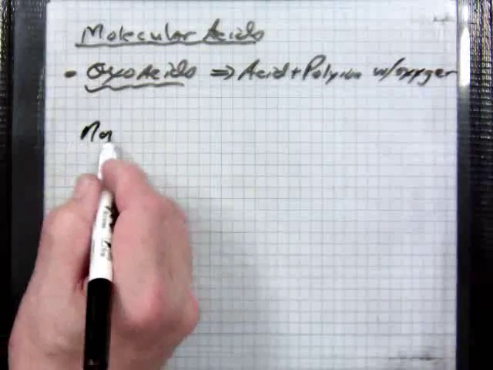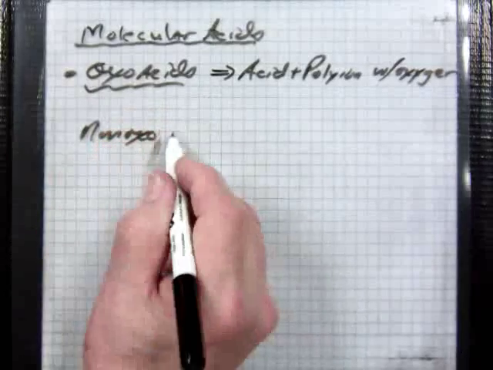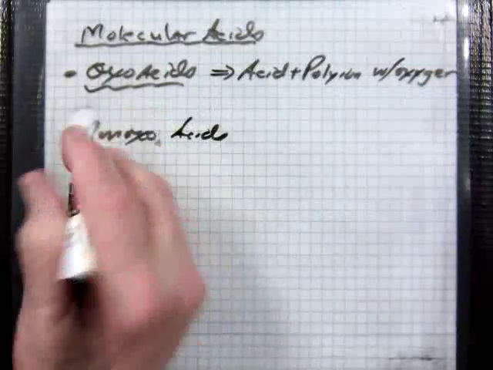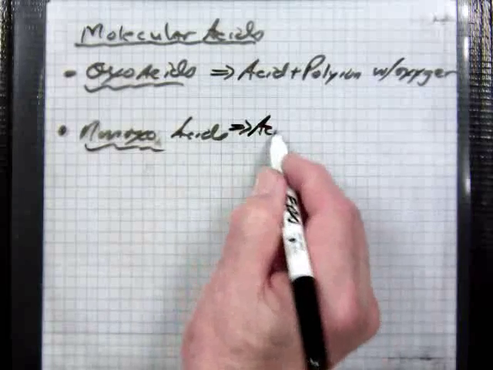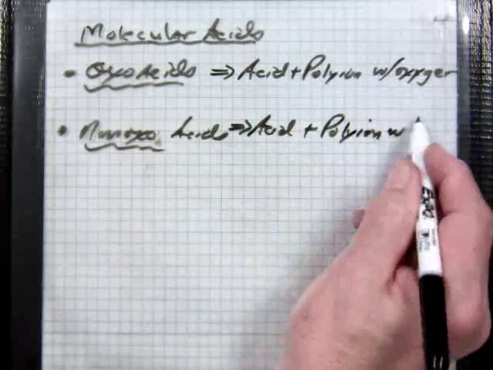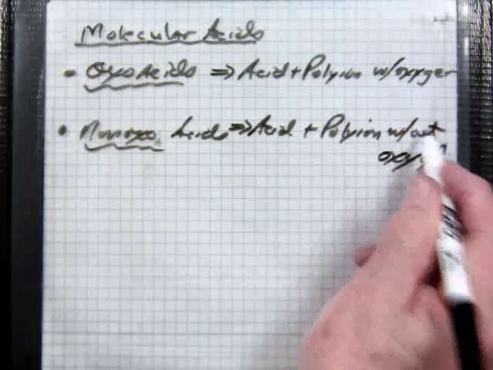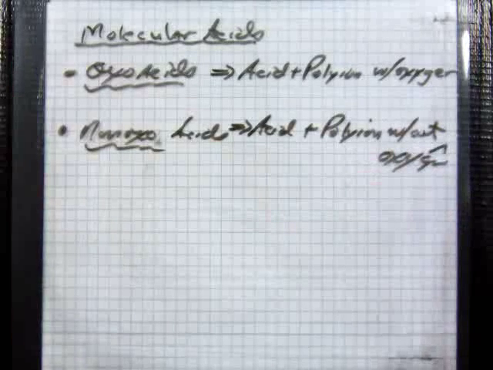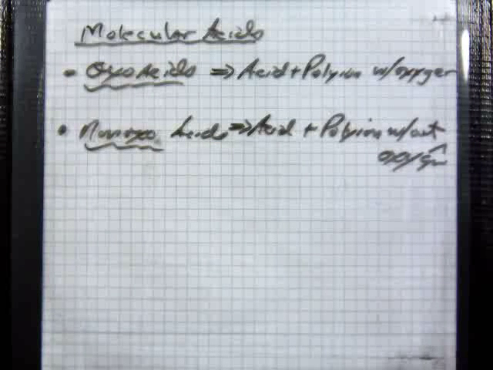And non-oxo acids are the opposite of that, obviously: acid plus polyion without oxygen. Everything in the list except the cations and cyanide are oxoacids in this context.